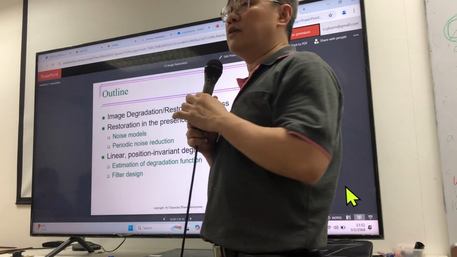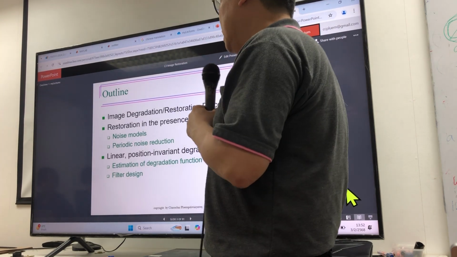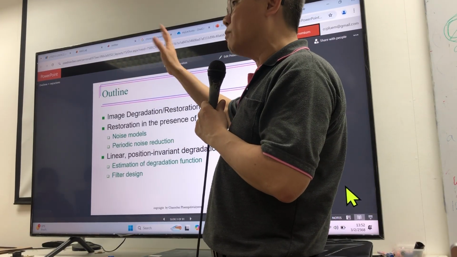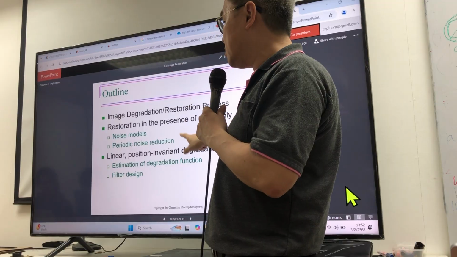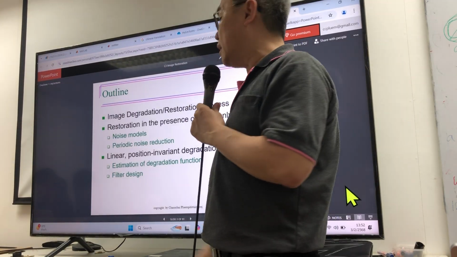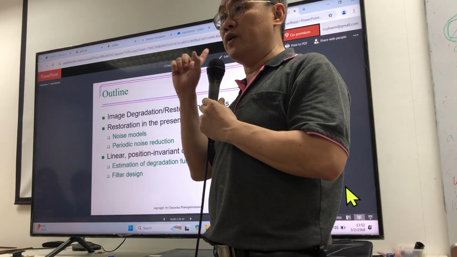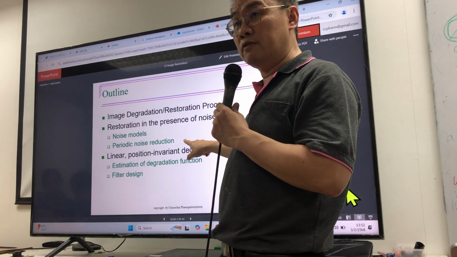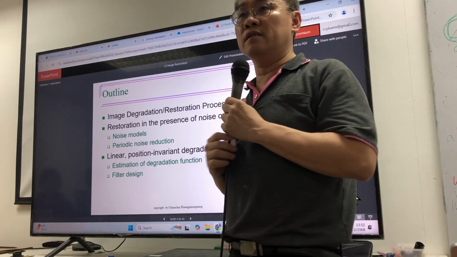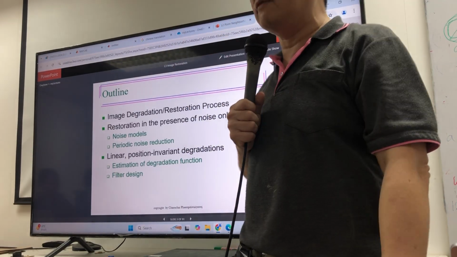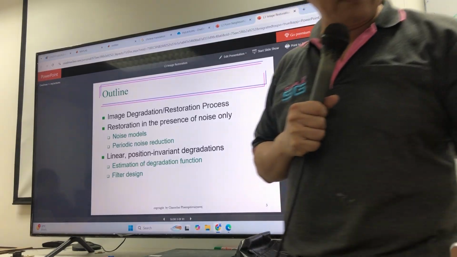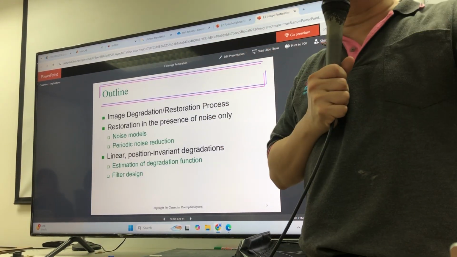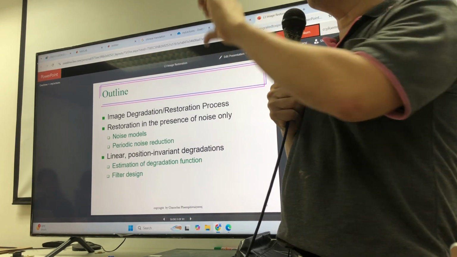There are two different kinds of noise: the non-periodic ones, which are the random or Gaussian noise, and the periodic noise. To get rid of periodic noise, we work in the frequency domain, the Fourier domain. To get rid of Gaussian noise, usually we use averaging filters in the spatial domain. And last but not least, we're going to handle degradation due to motion.